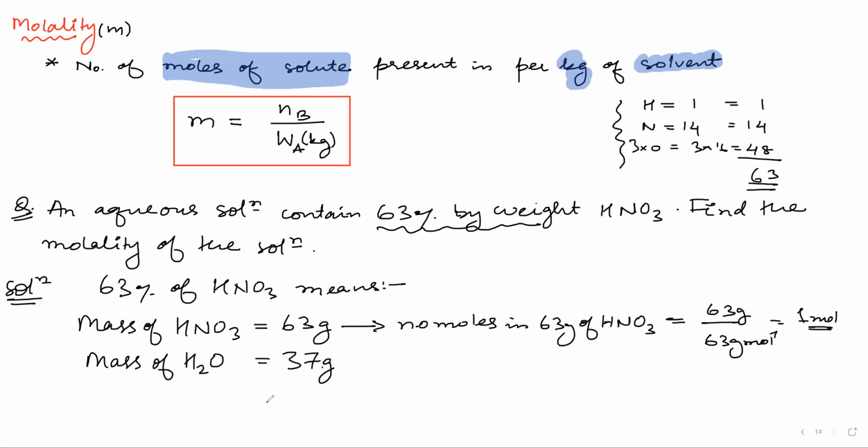Now we will convert this grams into kg because in the formula we have to use kg. So 37 into 10 to the power minus 3 kg, correct? I hope you know how to convert grams into kgs, right? No?